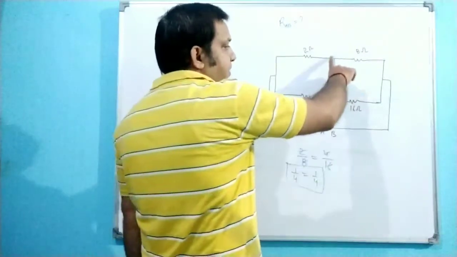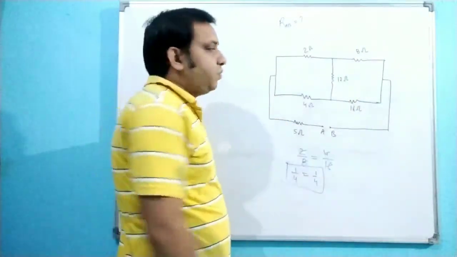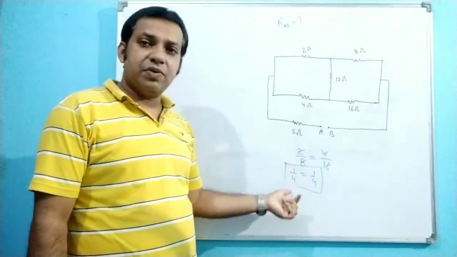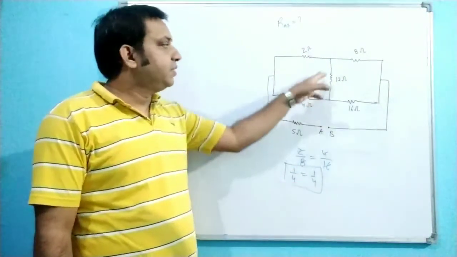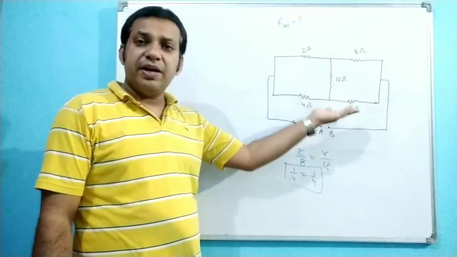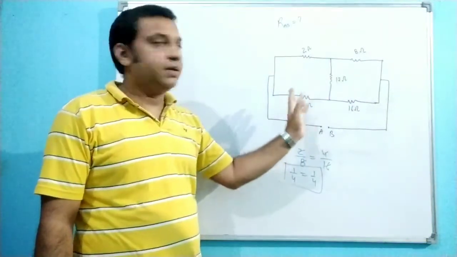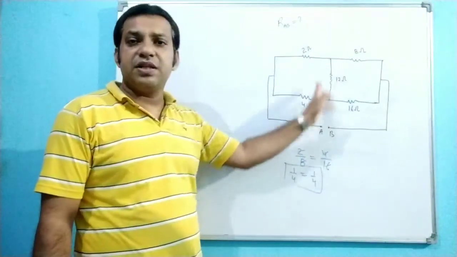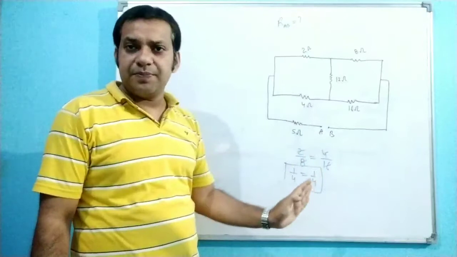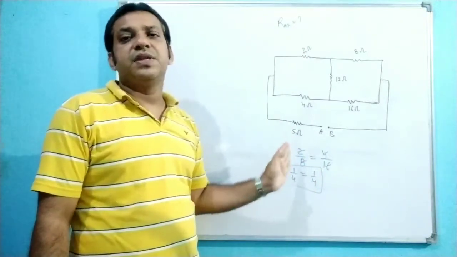If no current is flowing in this branch, what is the meaning of this 12 ohm resistor? Because the bridge is balanced, this 12 ohm resistor is not providing any resistance in this circuit, as no current flows through it. If there is no current, there is no movement of charge, and if there is no movement of charge, there is no opposing effect.